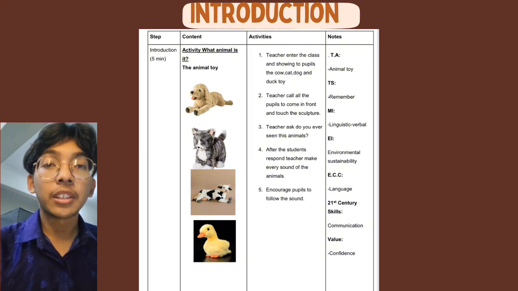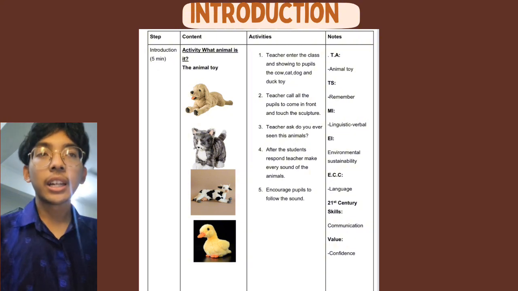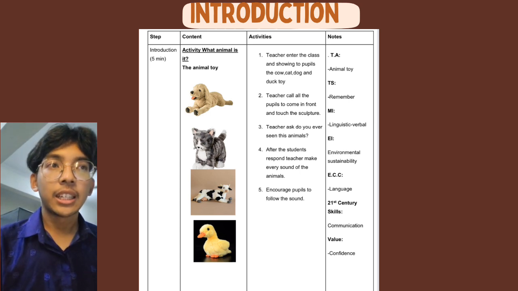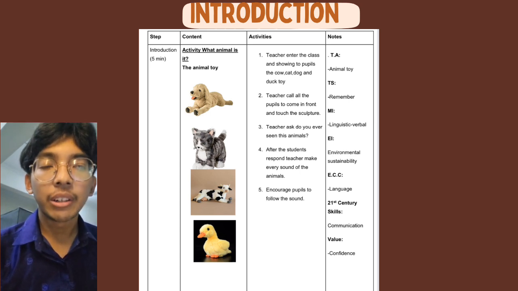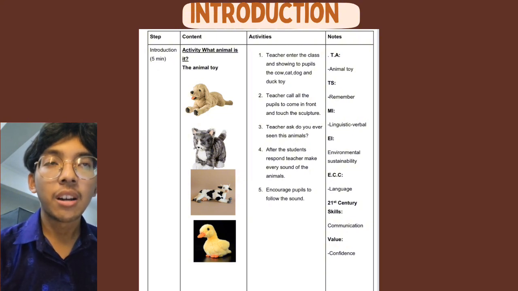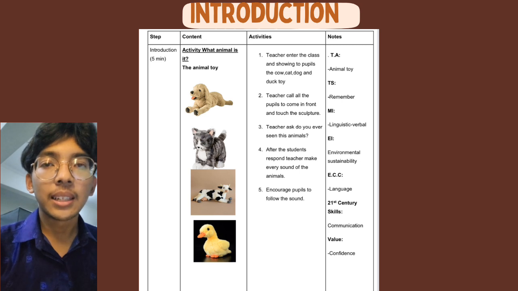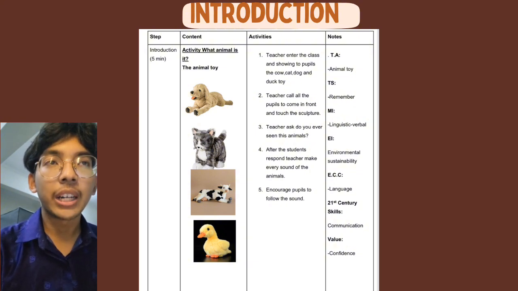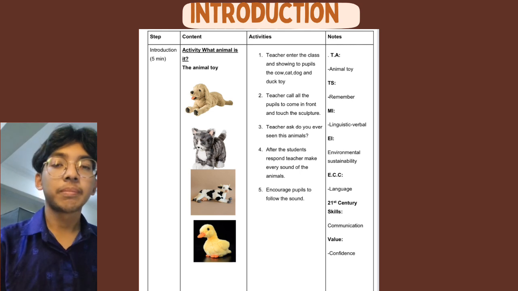And then after they touch and play with it, the teacher can ask, have you ever seen this animal? So after that, the students will respond to the teacher, and the teacher will make a sound for every animal toy. The teacher also needs to encourage pupils to follow the sound, so that they will know the animal, the toy and what sound it belongs to.